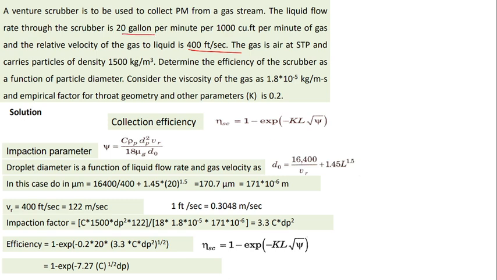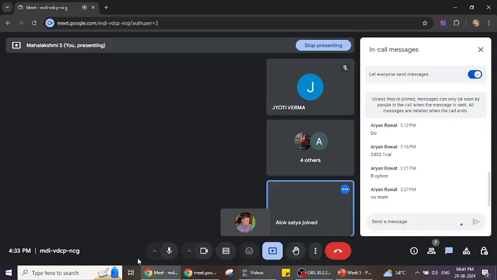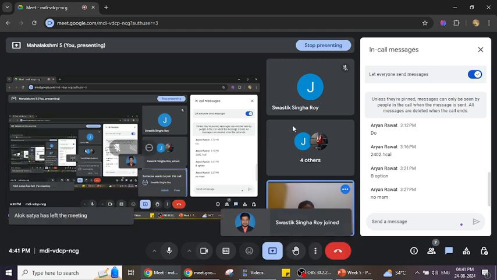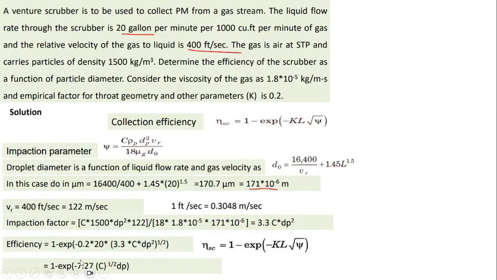L is 20 gallons per minute, so 20 power 1.5. So now we know the value of D naught. D naught is equal to 170.7 micron, which is written as 171 × 10^-6 meter.